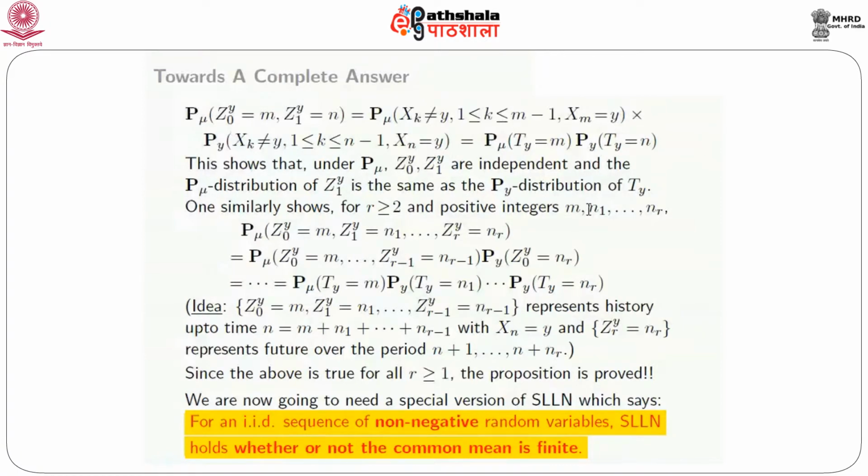But if your IID sequence happens to be a non-negative sequence, that is, the random variables are all non-negative, then you don't need finiteness of common mean. The strong law of large numbers still holds. Of course, the limit will be either finite or infinite, depending on whether the common mean is finite or not. But that limiting result still holds.